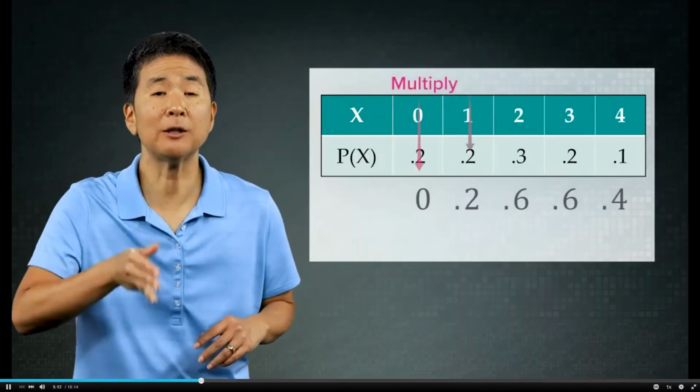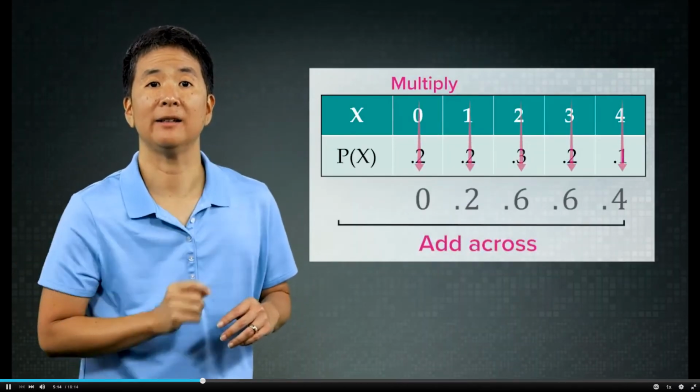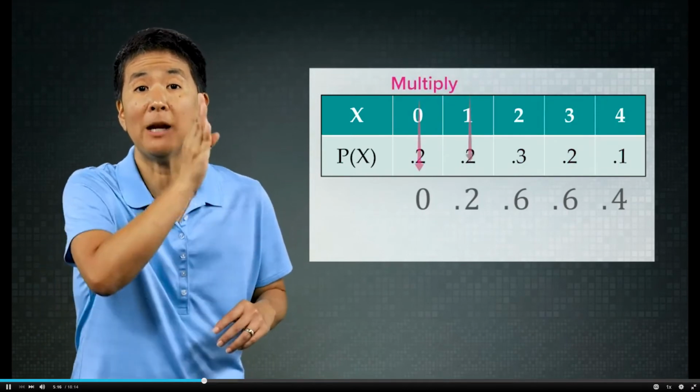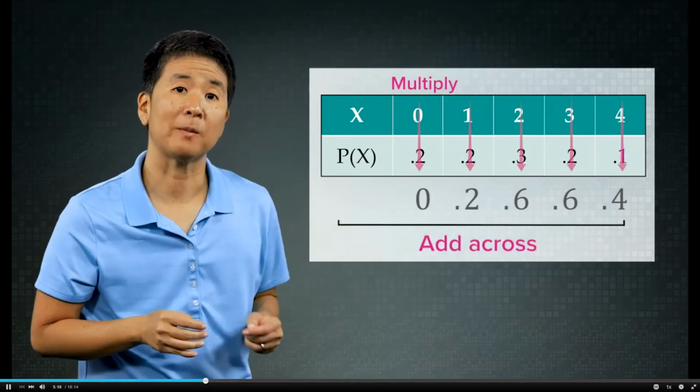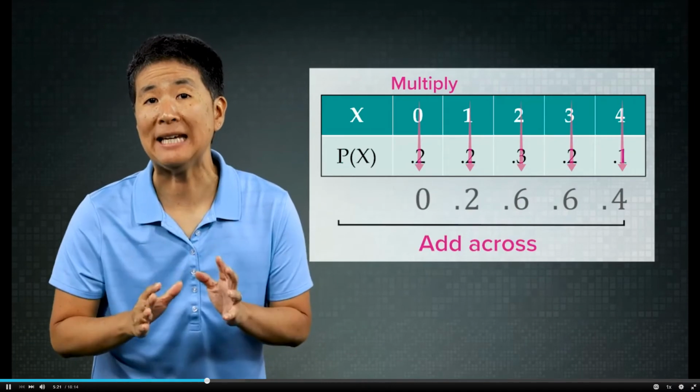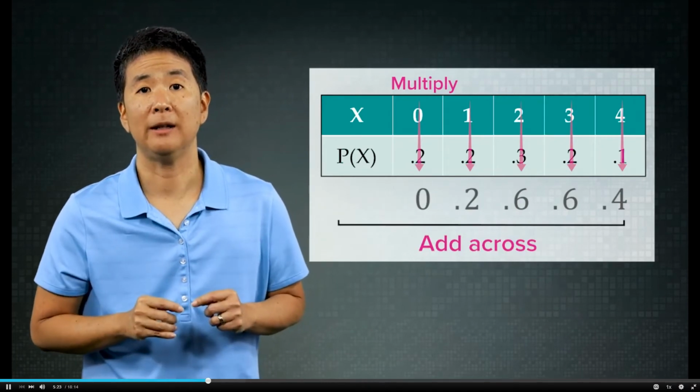When you're asked to find the mean of a discrete random variable, what you'll do is you'll multiply, multiply, multiply, multiply, add. One more time, you'll multiply, multiply, multiply, multiply, add. And that'll give you the mean of the discrete random variable.